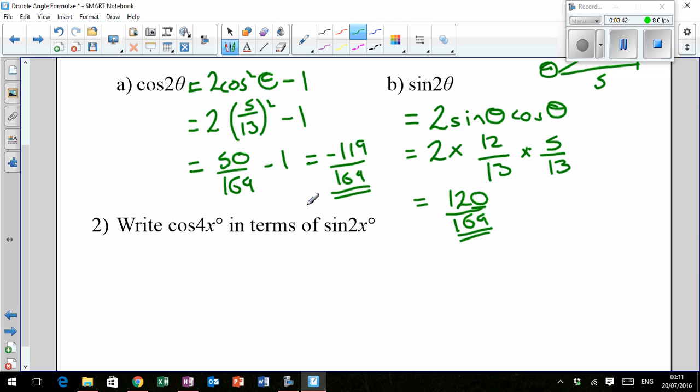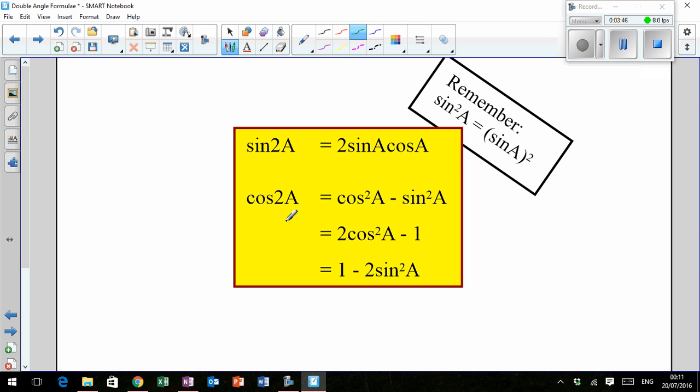Okay, and the next one there: write cos 4x in terms of sine 2x. Now, just to go back here a second, although the formula sheet will use 2a and a, these are valid for everything where the angle on the left here is double the angle on the right.